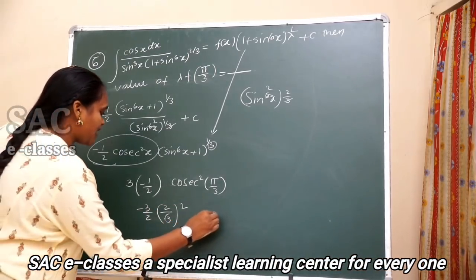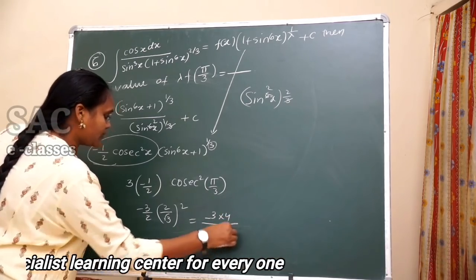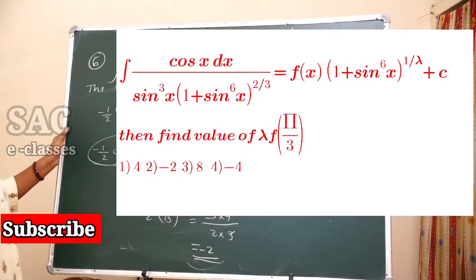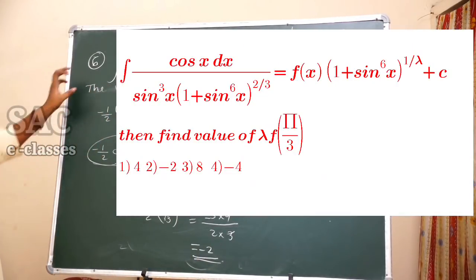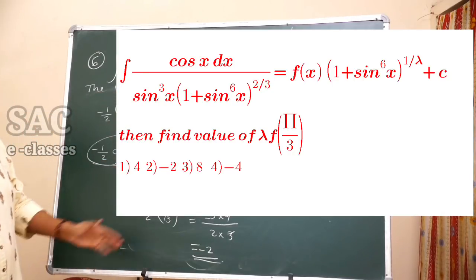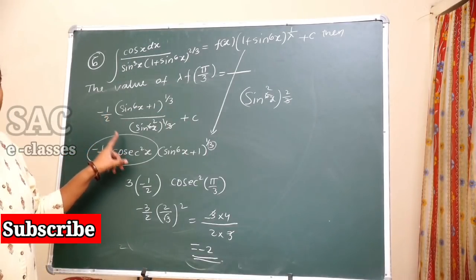So you can write minus 3 into 4 by 2 into 3. So the answer will be minus 2. So we got the finalized answer, lambda into f of pi by 3 can be written as minus 2. This is the problem they have given in recent times.